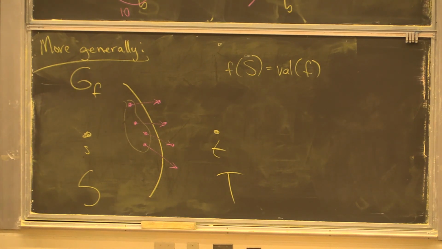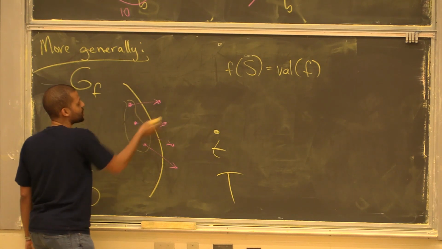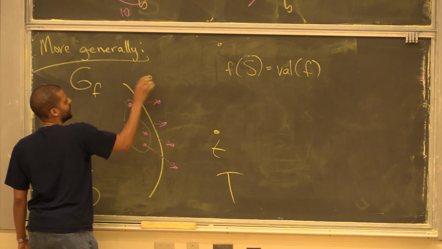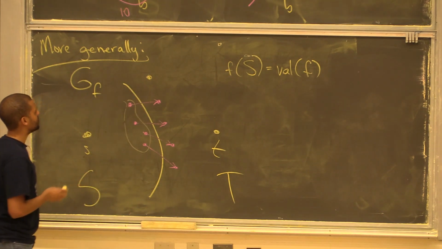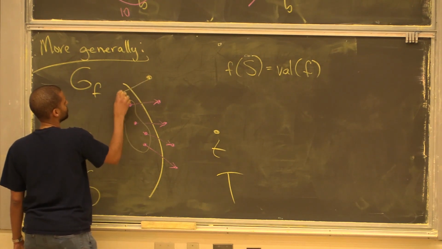Now, are there any reverse edges that are coming backwards? Let's look at edges that might look like this.